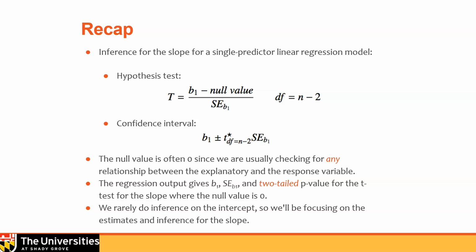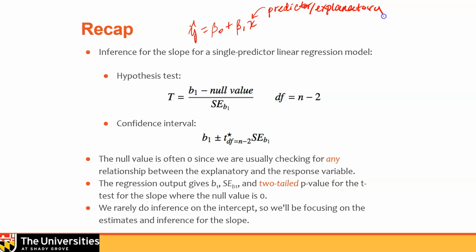For a single predictor linear regression model, we have y equal to the actual population model, which is beta sub 0 plus beta sub 1 x. X is the predictor, the explanatory variable. That's a single predictor explanatory variable.